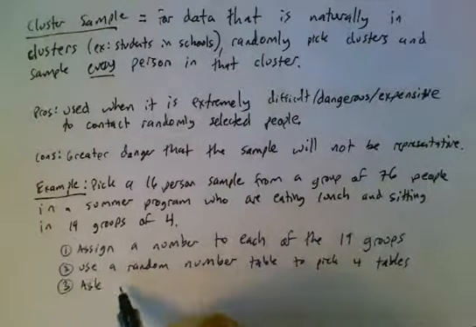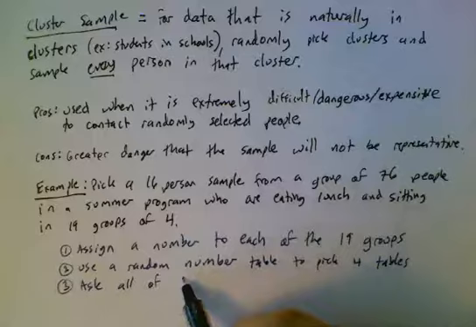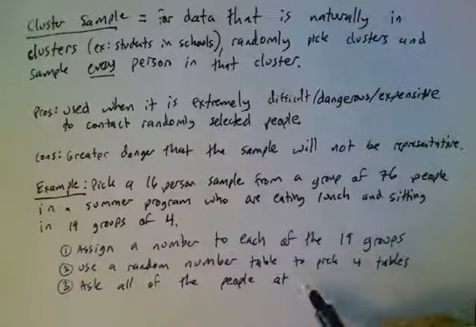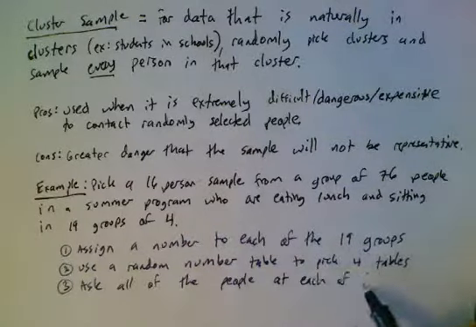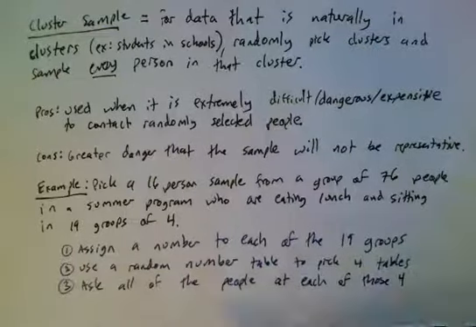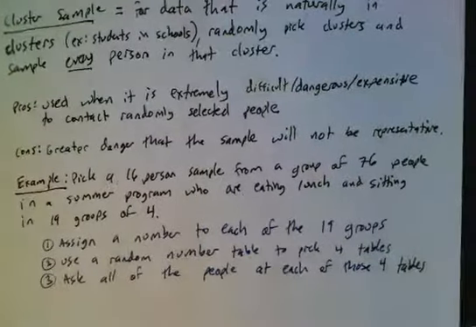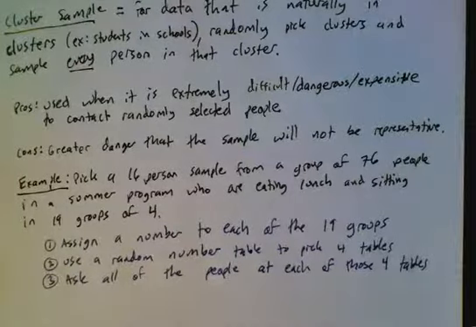And then we would ask all of the people at each of those 4 tables. Notice how that's different from our stratified sample, where we randomly picked within each gender, but we sampled people from both genders. Here we're just picking 4 tables, but we're talking to everybody at each of those 4 tables.